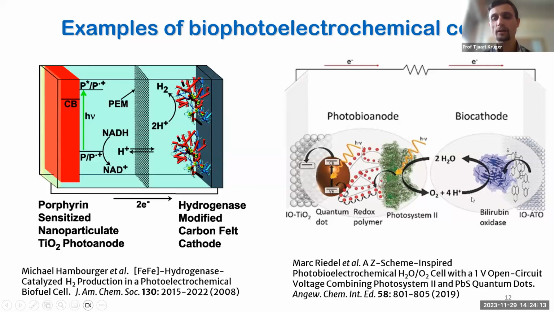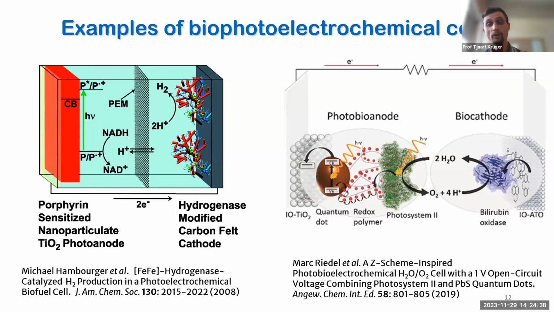So in this way, there's a water-oxygen photobioelectrochemical cell that can be constructed. And the nice thing about this paper is that this was done at a very low potential. So they managed to get a very high open circuit voltage, well, very high for such a kind of system. Open circuit voltage was about 1 volt under normal sun illumination.